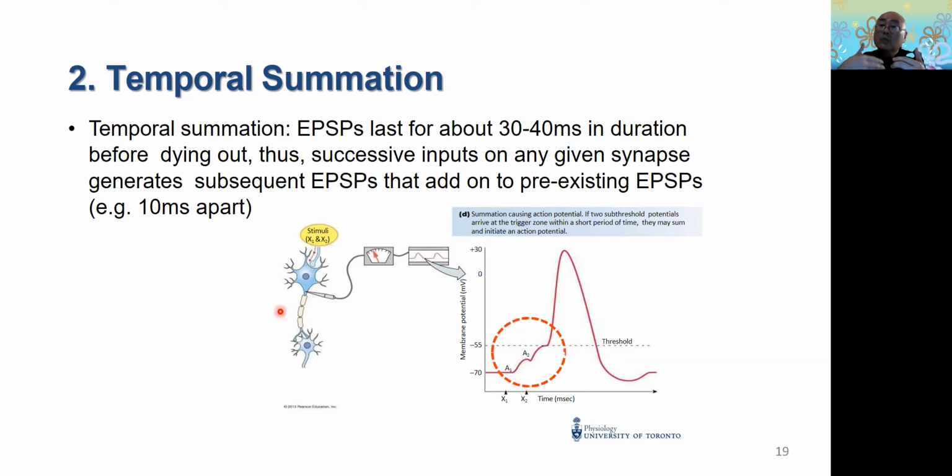So it's adding on to a pre-existing EPSP. So whether it's one neuron firing multiple times or a couple of neurons firing, a very small number of these synapses being active in a relatively short period of time will allow for temporal summation.